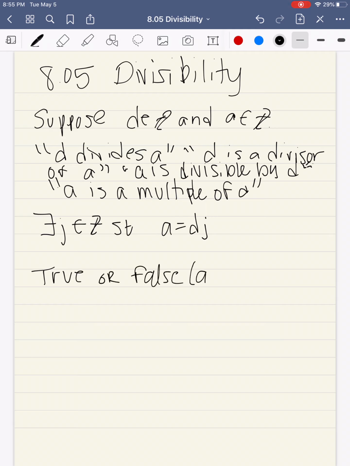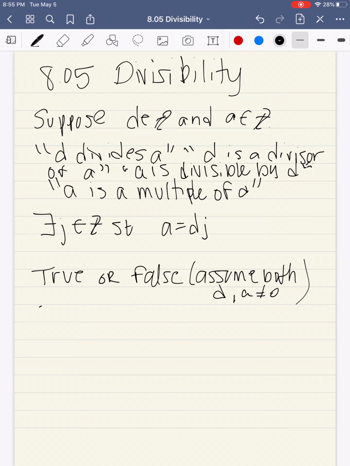So first, let's assume that both d and a are not equal to 0. The notation that we use for divisibility is essentially a bar.